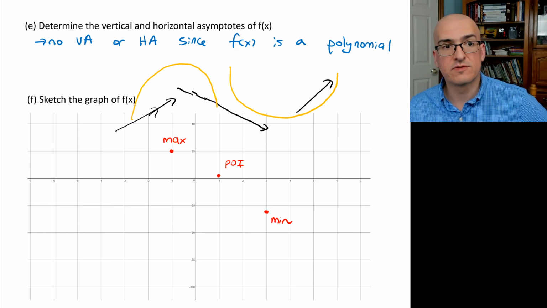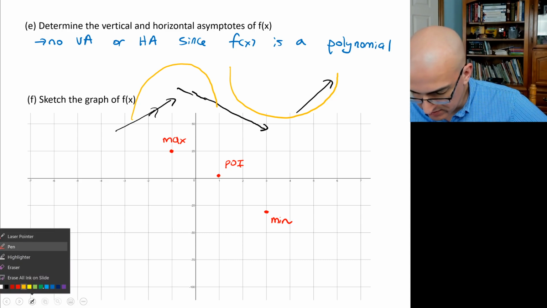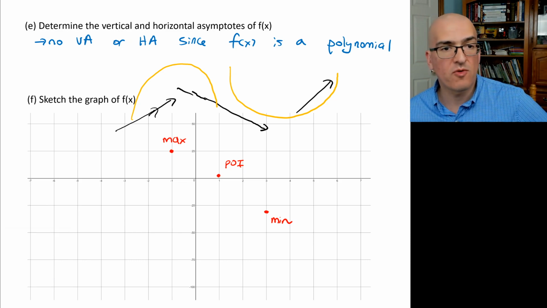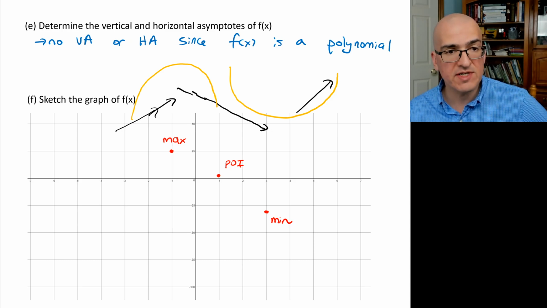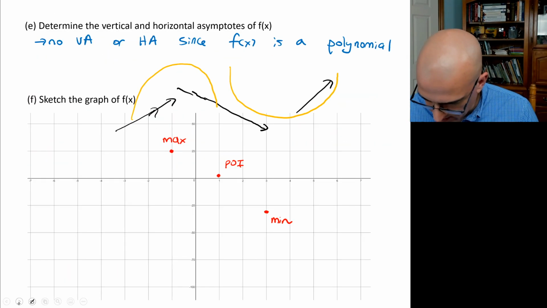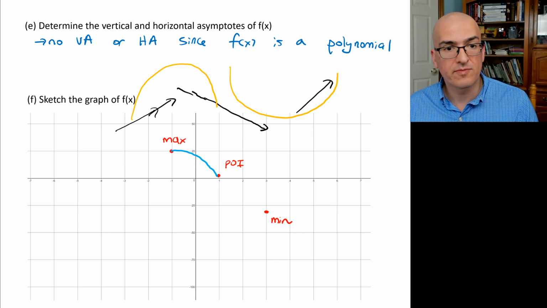So we need to combine the increasing, decreasing, and concave up and concave down information to connect these dots. So the first connection I want to draw is between the max and the POI. Between those 2 points, the function is decreasing and concave down. So decreasing and concave down. Decreasing and concave down looks like that.